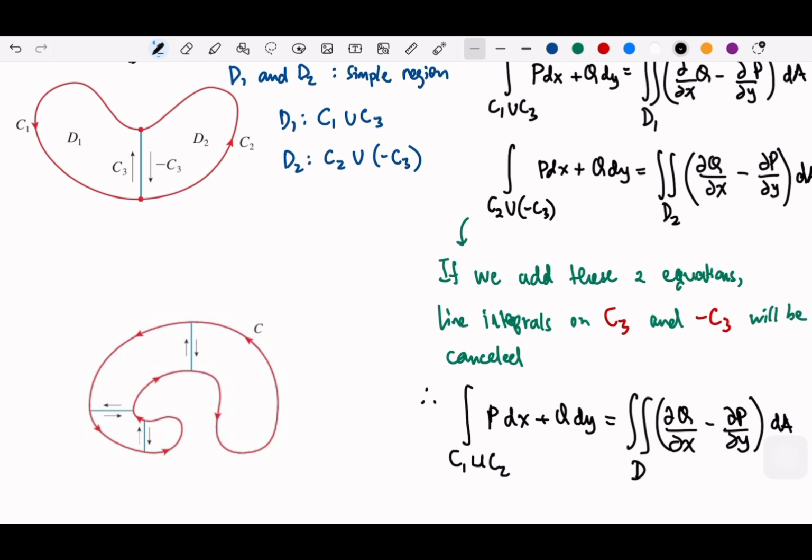So we could use this analogy to solve a region which is not simple, but we can make it simple by splitting the region.